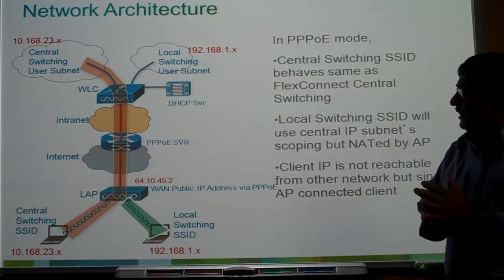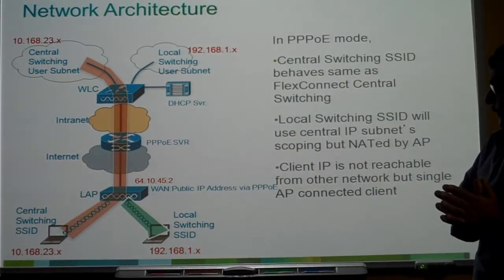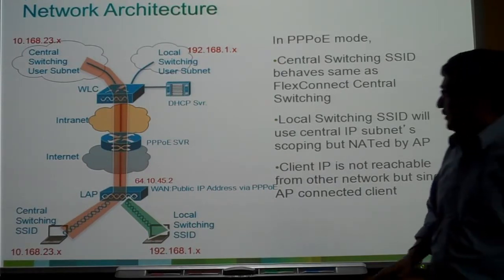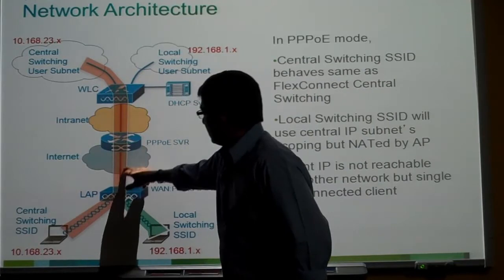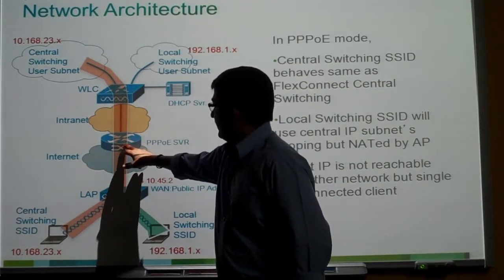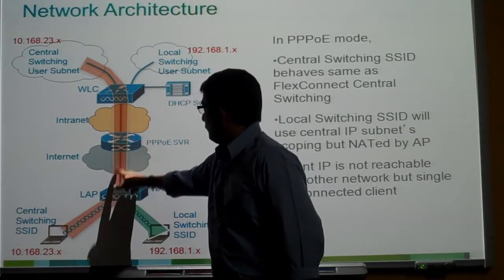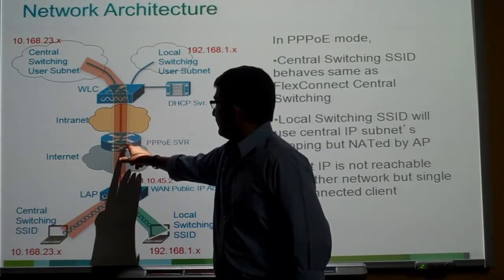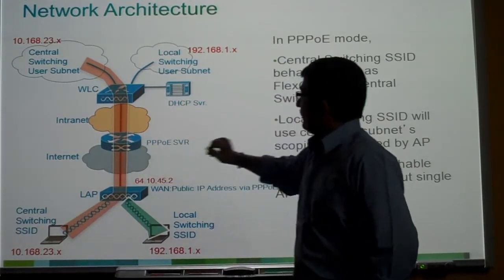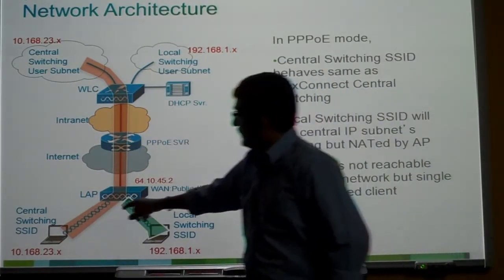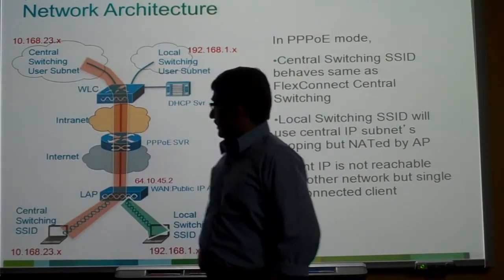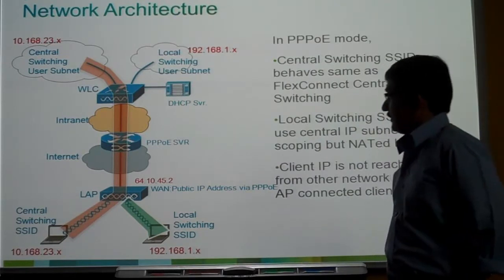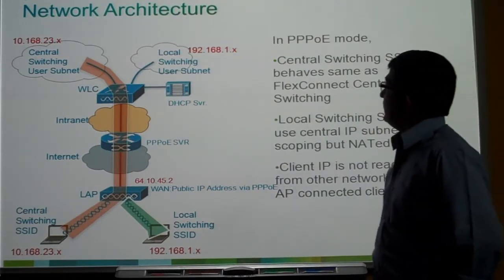Typical architecture, how this is deployed. In case of centrally terminated clients, the AP will contact the PPPoE server and then terminate the PPPoE session, and then the rest of the client's traffic, centrally switched, can talk to the 10.168.23 network.